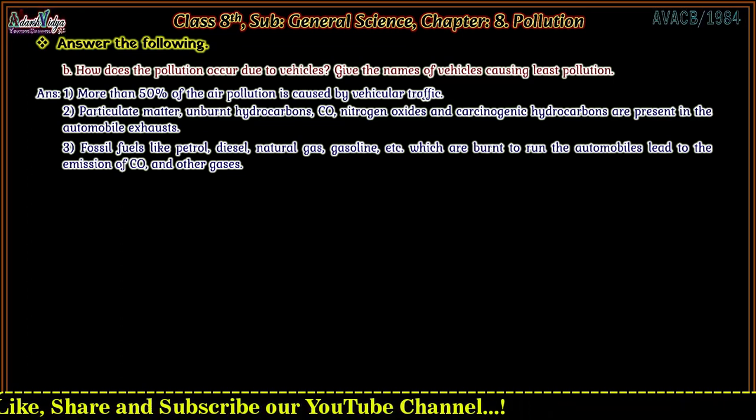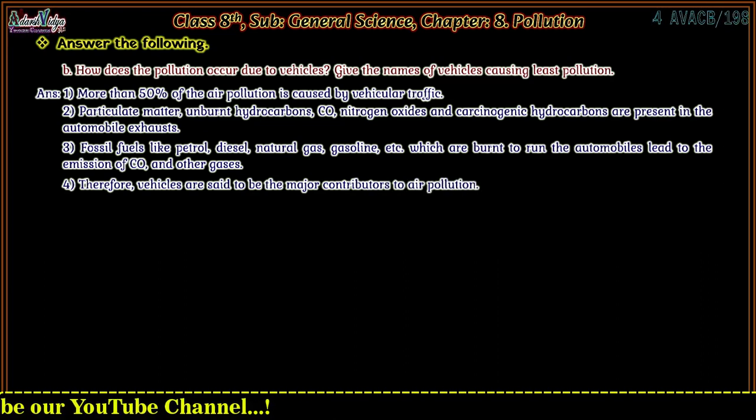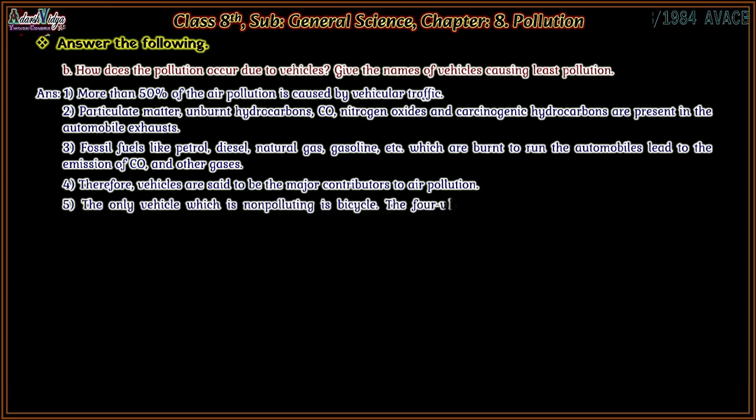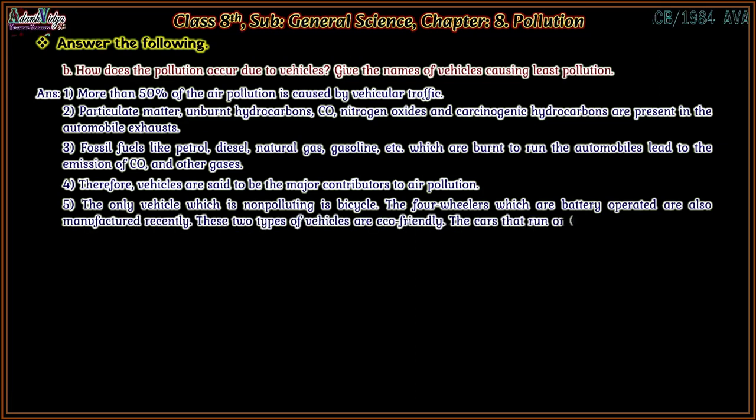Third point. Fossil fuels like petrol, diesel, natural gas, gasoline, etc., which are burnt to run the automobiles, lead to the emission of CO and other gases. Fourth point. Therefore, vehicles are said to be the major contributors to air pollution.